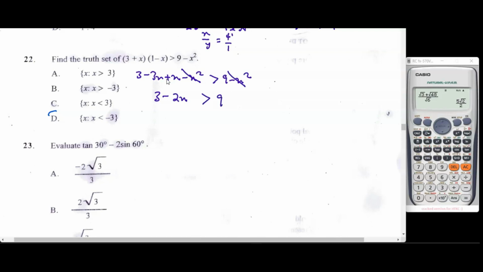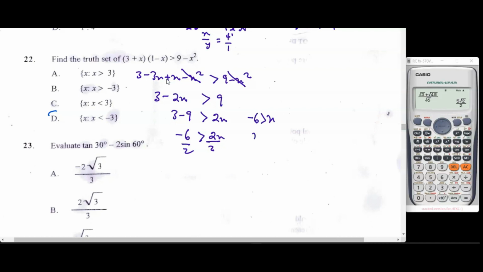Now solving for x, we can regroup, and 3 minus 9 should be greater than 2x, or any other way you get the same answer. So that is giving us 6, actually negative 6 greater than 2x. Dividing both sides by 2, in this case that is going to give us x being less than negative 6, or negative 6 greater than x.